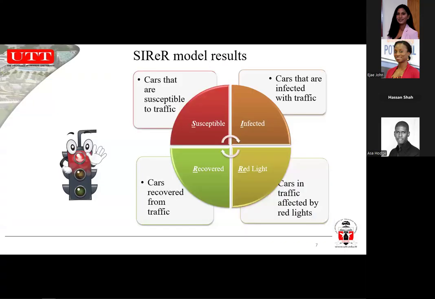So here we simply have a flow diagram that shows the transition from susceptible vehicles becoming infected. Then infected, we move to, say you're on a highway, and then you move into main roads and you end up at a red light, and then eventually you would come out of traffic.